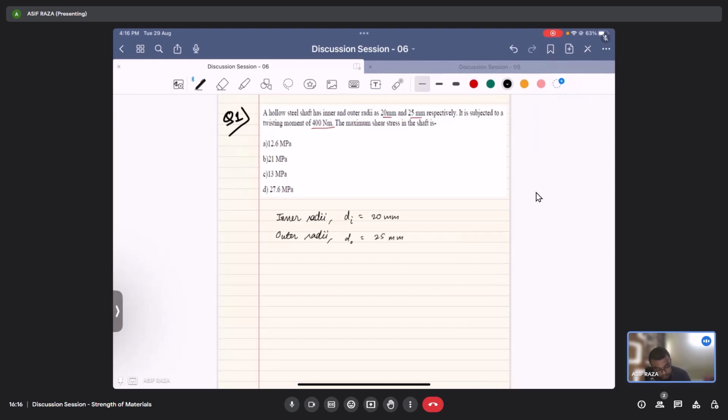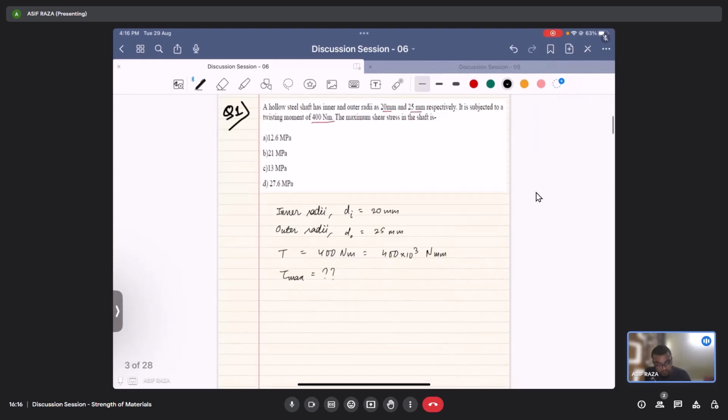It is subjected to a twisting moment, that is torque is equal to 400 Newton meter. That would be equal to 400 into 10 to the power 3 Newton mm. Okay, so we need to find what would be tau max. So this is the question.